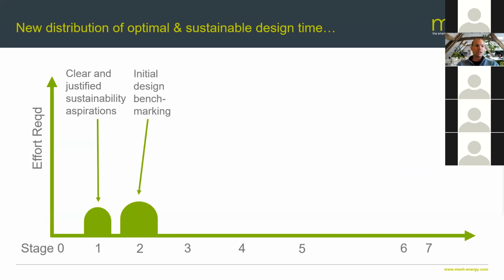Have a look at benchmarking aspirations against the way that you would normally design a building. So if you're used to building out of typical materials, or you think you might use a palette of materials, or go for certain U values or wall thicknesses, benchmark it against some of these frameworks you might be following.